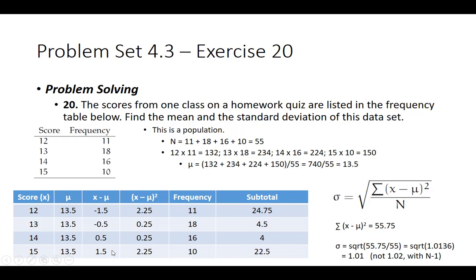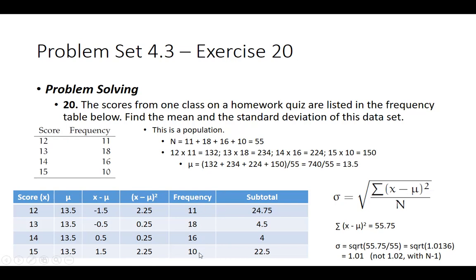Square each of these. Negative 1.5 squared is 2.25. Negative 0.5 squared is 0.25. 0.5 squared is 0.25. 1.5 squared is 2.25.